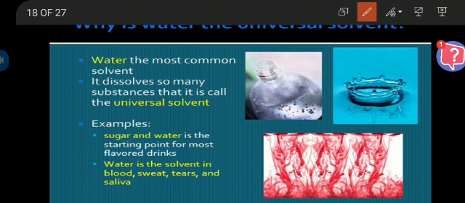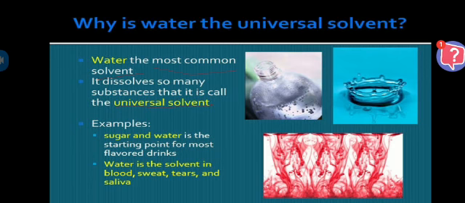For example, sugar and water is the starting point for most flavored drinks. Water is the solvent in blood, sweat, tears and saliva. That is why it is called the universal solvent.